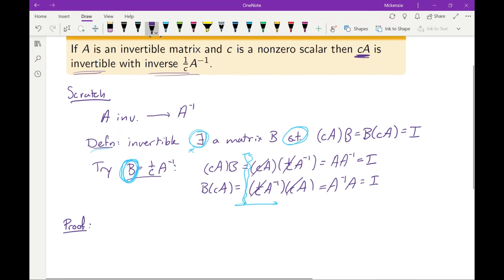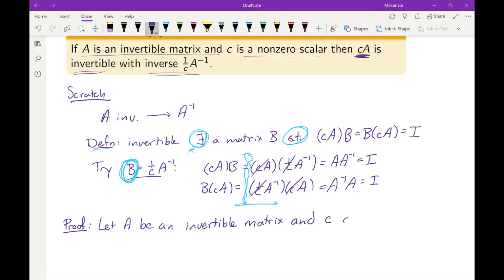So again, we have our hypothesis: A is invertible and C is a non-zero scalar, so we should assume both of those. So let A be an invertible matrix, and C a non-zero scalar.